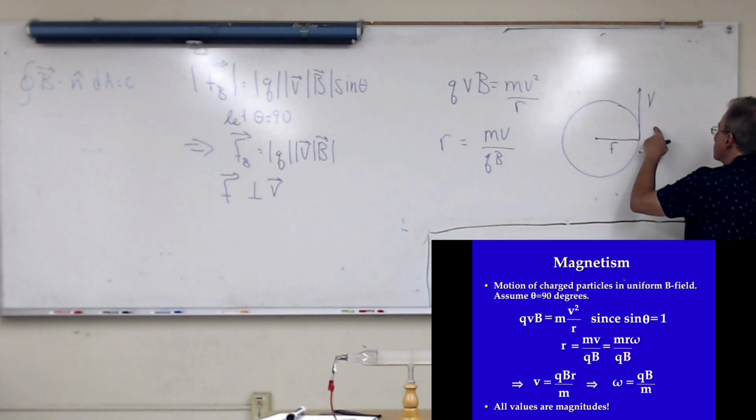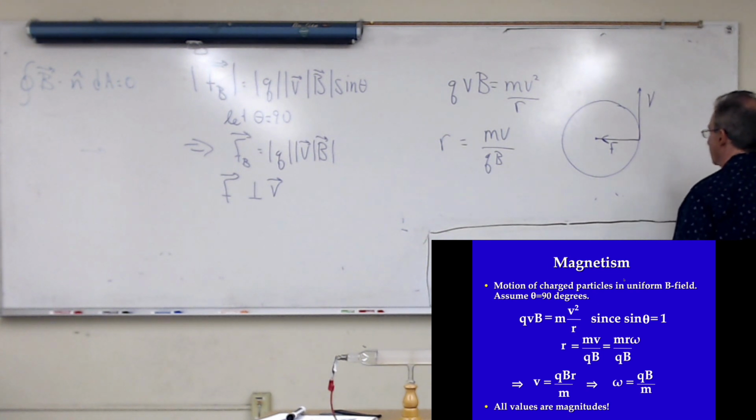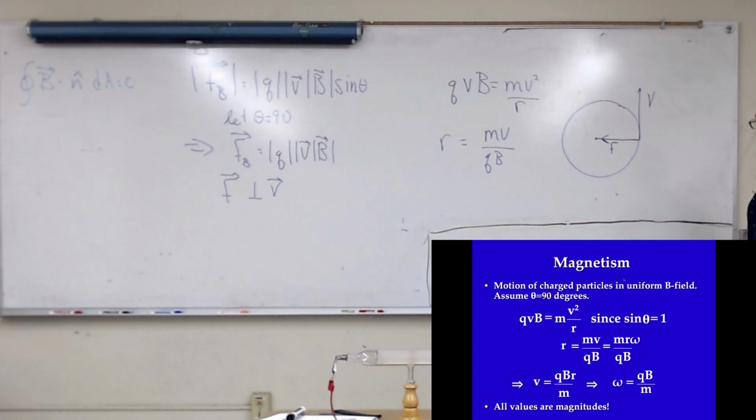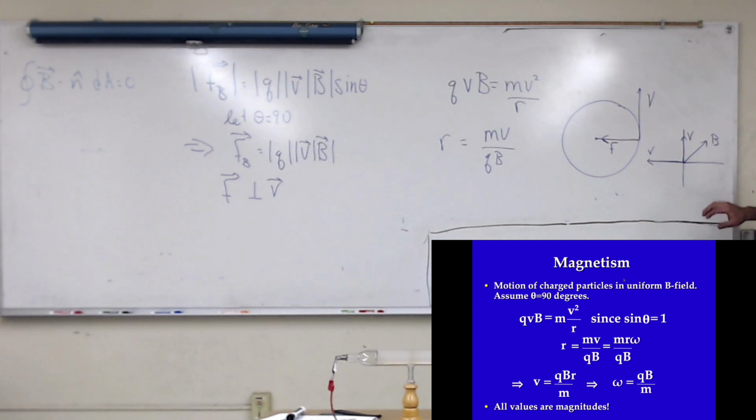So V is up, F is towards the center of the circle. Then which way is B then? Which way must the magnetic field be? It's going towards the board if it's positive particles. So if you use the right-hand rule, oops, wait, hold on a second, I did that wrong.